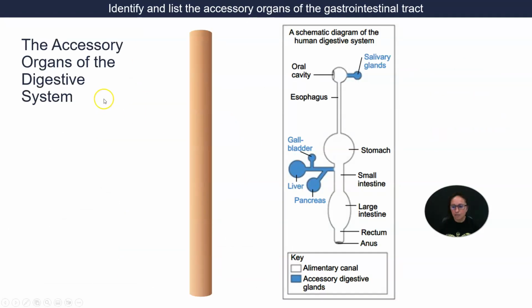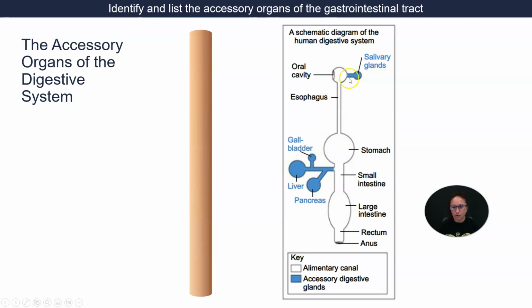Okay. Now we're going to look at the organs that work with this gastrointestinal tract. There are a few. We've got the salivary glands, the gallbladder, the liver, and the pancreas.